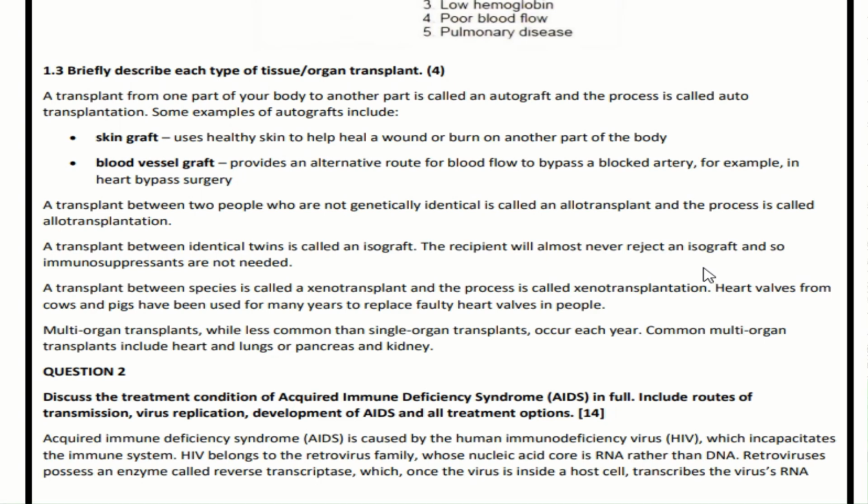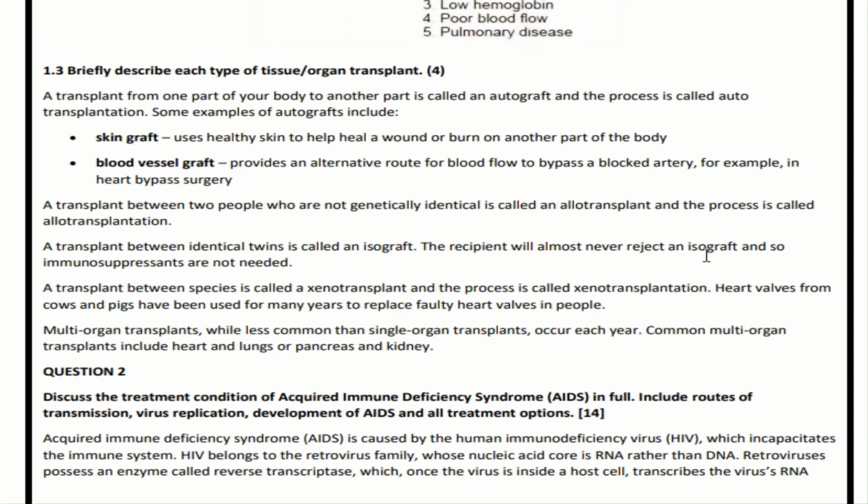A transplant between two people who are not genetically identical is also called the allotransplant, and the process is called the allotransplantation. Transplant between identical twins is called isograft. The recipient will almost never reject an isograft, and so the immunosuppressants are not needed.